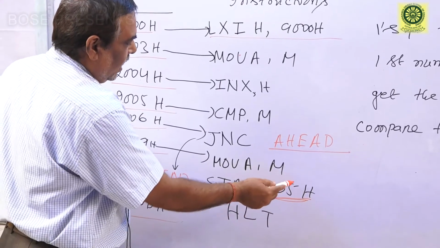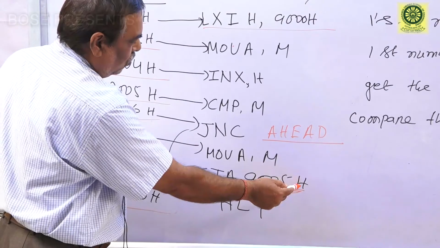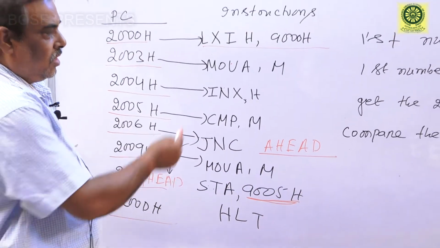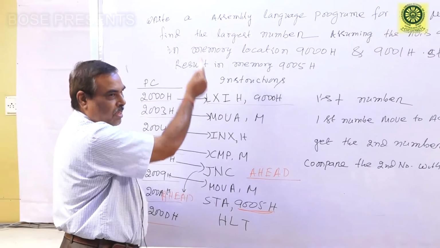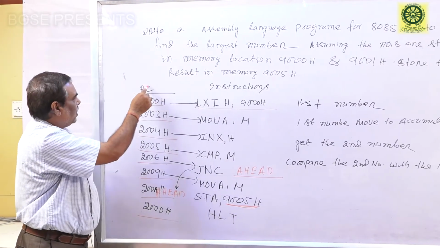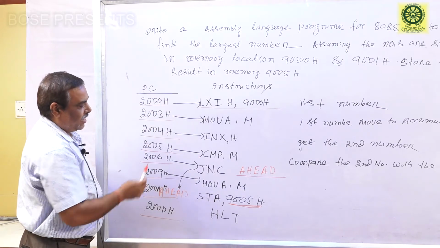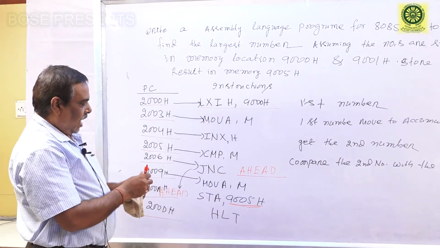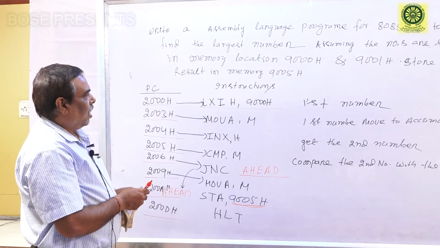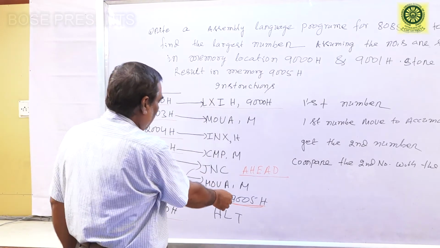That means the accumulator content number is greater and that is stored in the memory location. So in this way, sequence by sequence, counting from the content of the program counter, the sequence is maintained and the program indicates the largest number which is stored in the memory location 9005H.